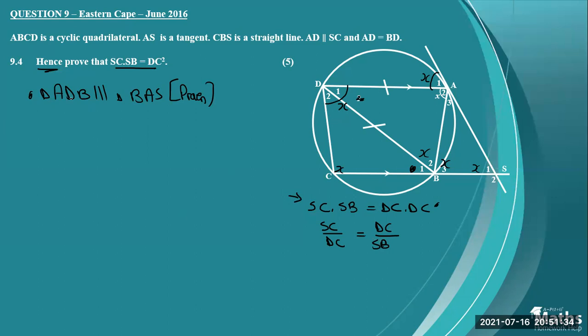So because these triangles are similar, we can say, therefore, AD on top of BA will be equal to DB or BD over AS. That will be equal to the whole of AB over BS. Reason, similar triangles.